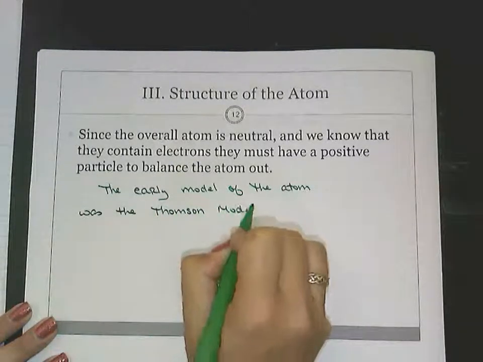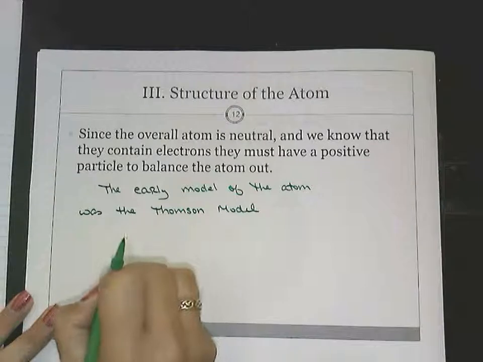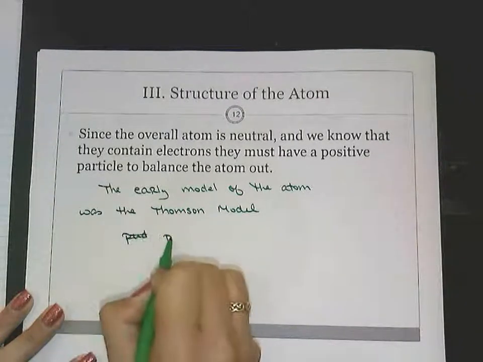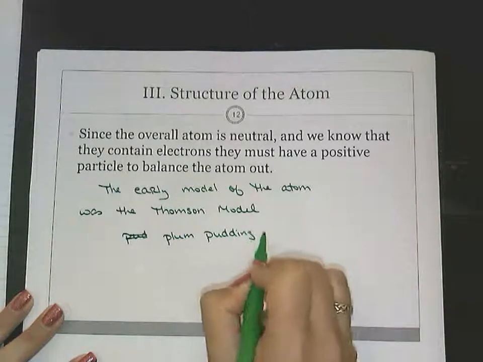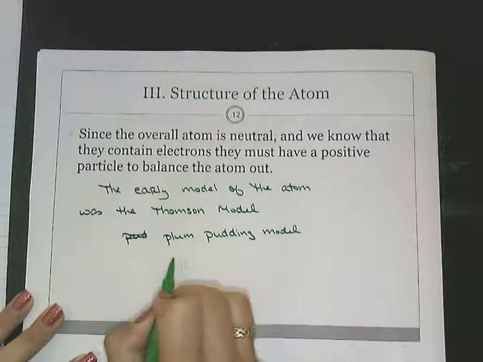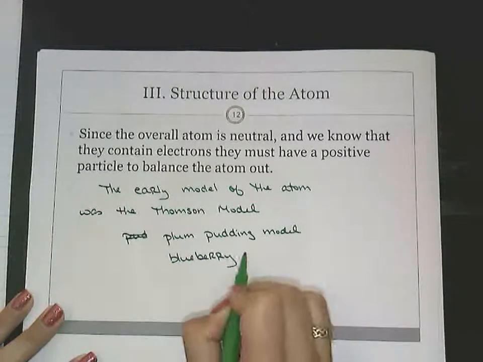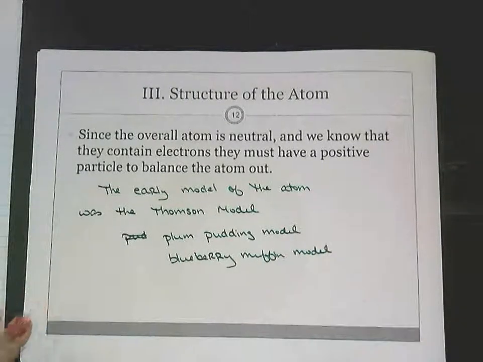And the first one was called the Thomson model, after Thomson, in the early 1900s. Depending on who you are reading, I think our textbook calls it the blueberry muffin model, but because Thomson was British, he called it the plum pudding model.